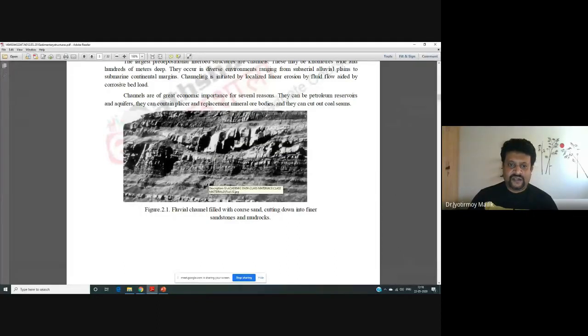If you are a sedimentologist working in the alluvial environment in the oil industry, then one of your primary jobs is to find out where in the subsurface these channels are, because the rock inside this channel is extremely porous and permeable and is a very good reservoir quality rock.